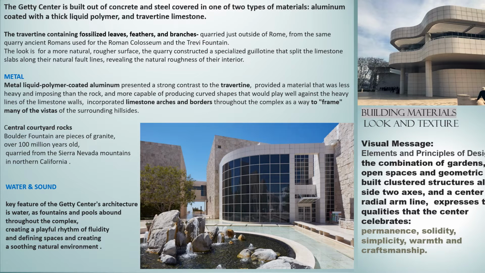The Getty Center is also using metal liquid polymer coated aluminum as a strong contrast with the travertine stone. It is a less heavy material and less imposing than the rock, and more capable of producing the carved shapes that you can see here on the right, allowing more fluidity.